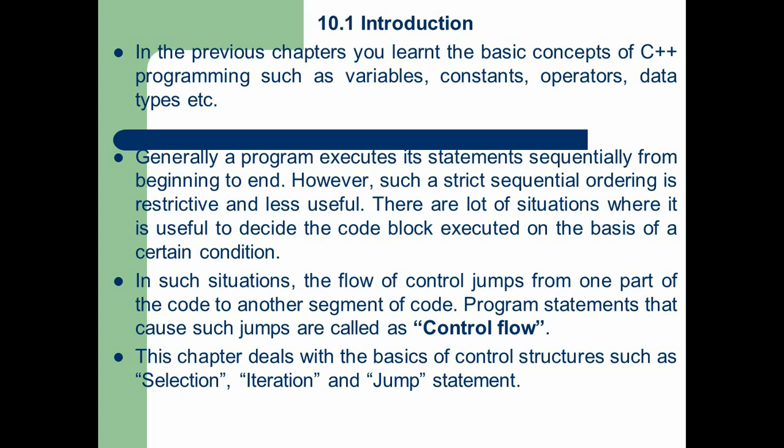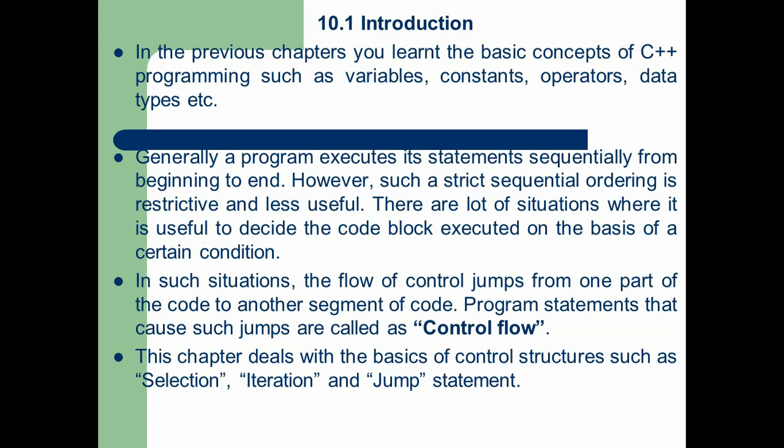However, such sequential ordering is restricted and less useful for real-life problem solving, because there are many situations where we want to decide the code block and execute it on the basis of certain conditions. In such situations, the flow of control jumps from one part of the program to another part.